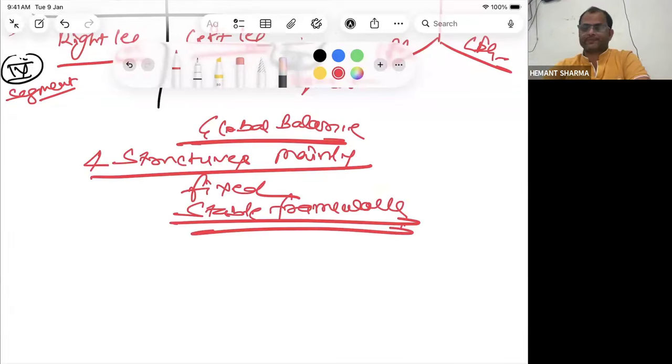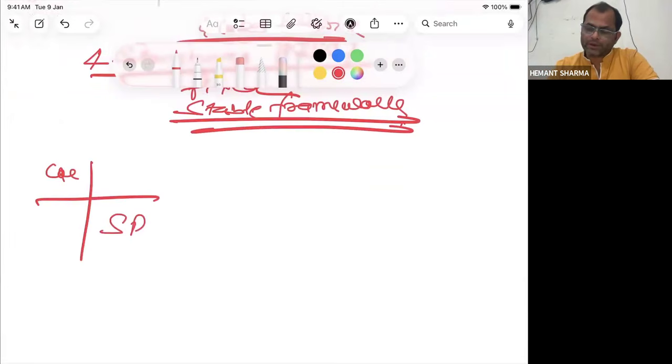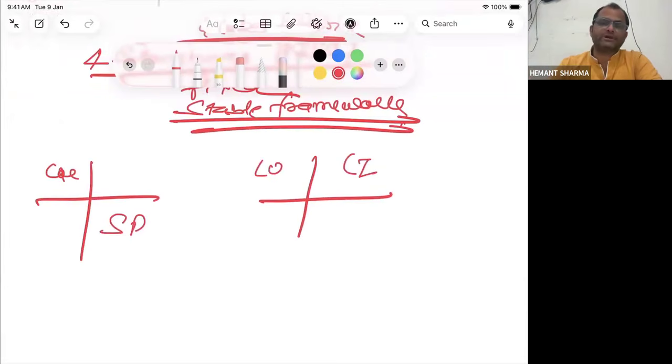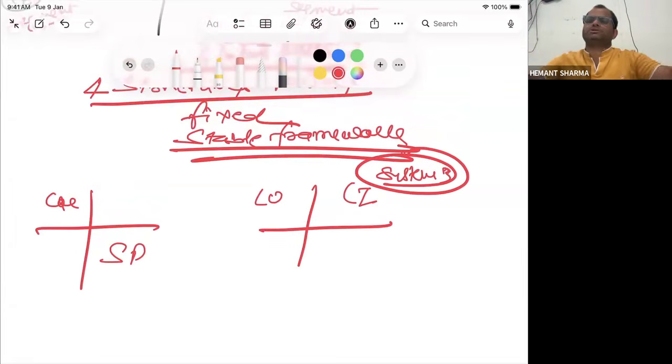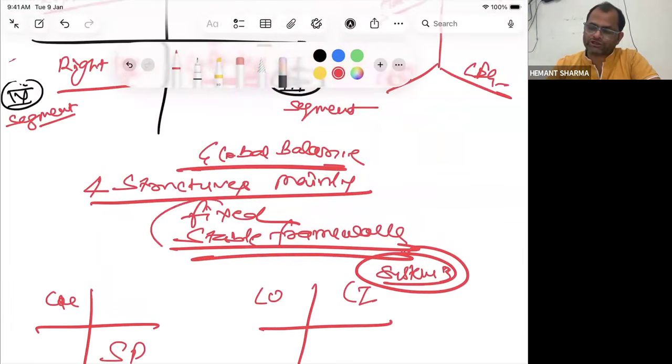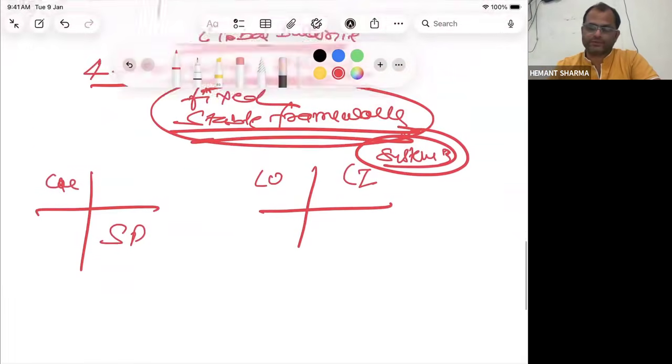Now take the other example: lung can treat large intestine and the large intestine can treat lung as per system 3. So this is a stable framework. By consideration of all system 1, 2, 3, 4, 5, 6, there are 4 fixed and stable frameworks in the global balance method.